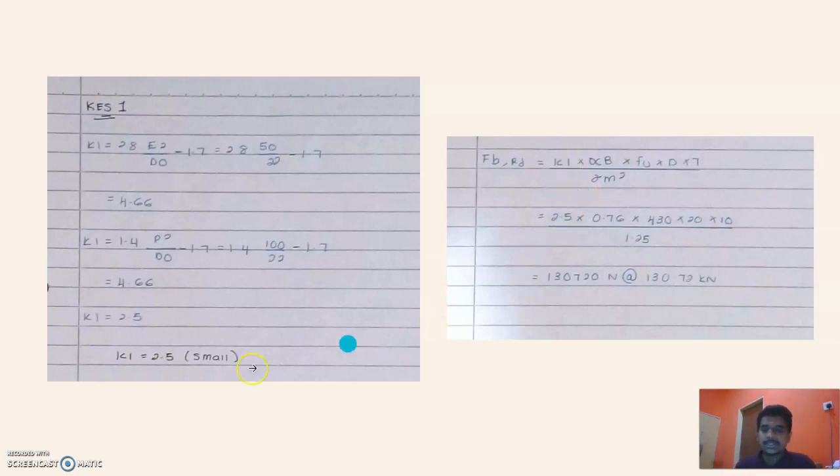The k1 is 2.5, which we got here, and alpha b is 0.76, which we got before. fu is 430, also gathered already, d is 20, t is 10, and gamma M2 is 1.25, calculated before. We multiply them all and divide by 1.25, and we get 130720 Newton, which is rounded to 130.72 kilonewton. This is the second step.